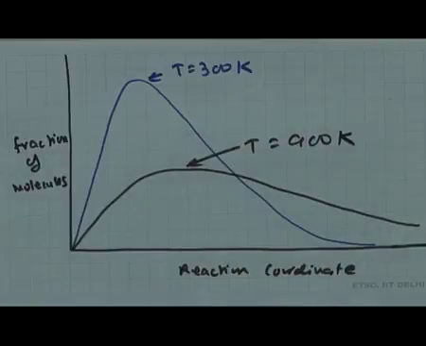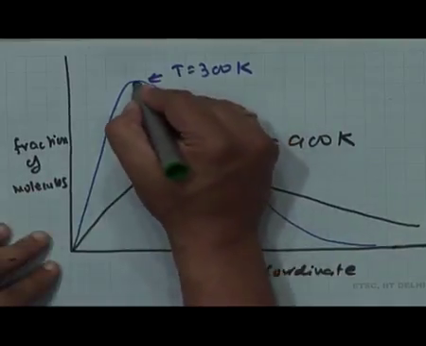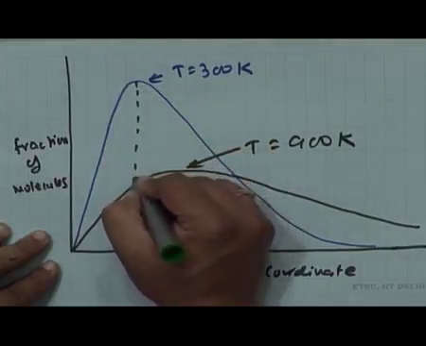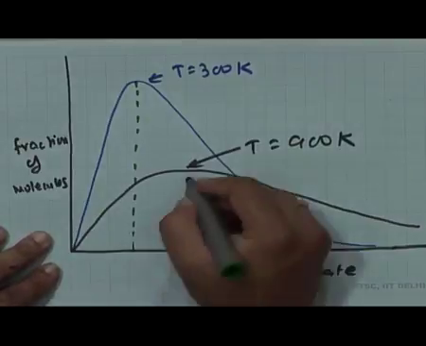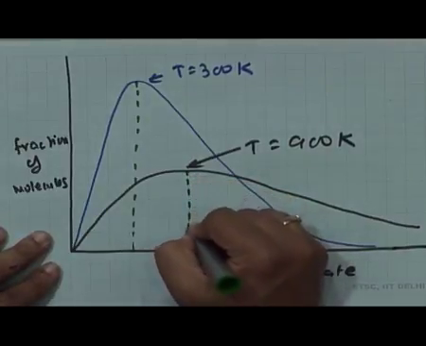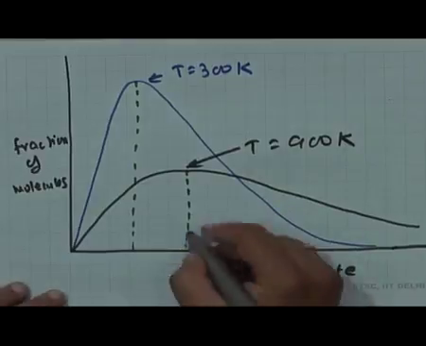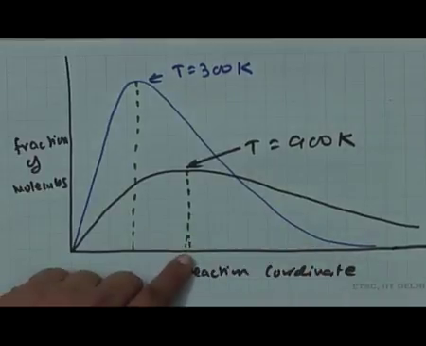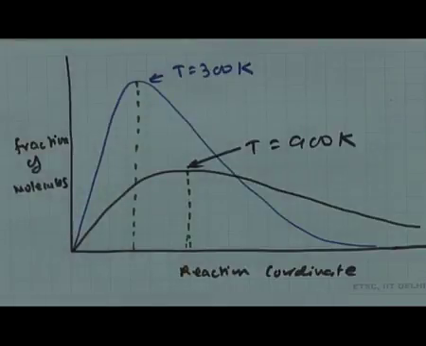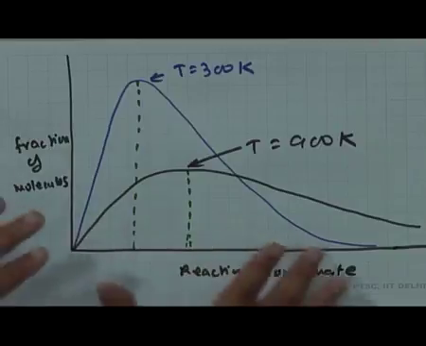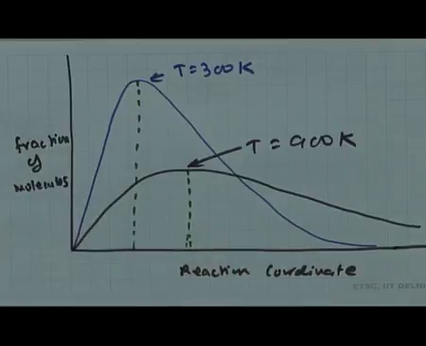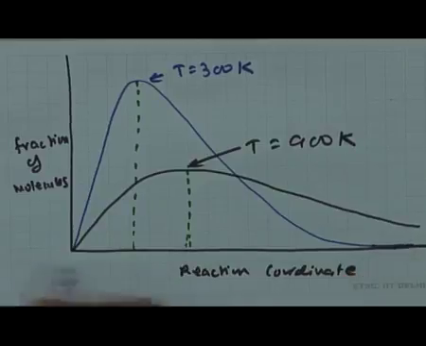Not only that, my peak, the most probable value peak which was here, has actually gone to somewhere here. So the most probable kinetic energy has increased at a higher temperature as compared to that of 300 Kelvin. So at 900 Kelvin I have a higher value of most probable kinetic energy as compared to that of 300 Kelvin. Again please realize that this has not been drawn to scale, but just to make the point.